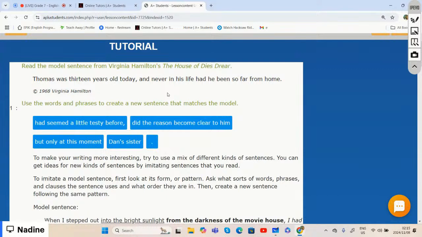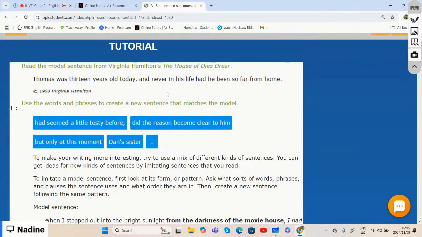We need to put those words in order to create that sentence.